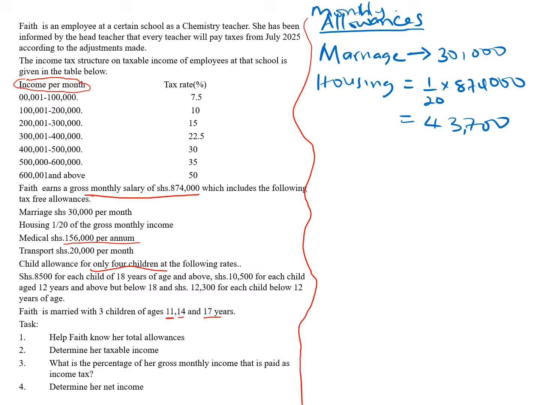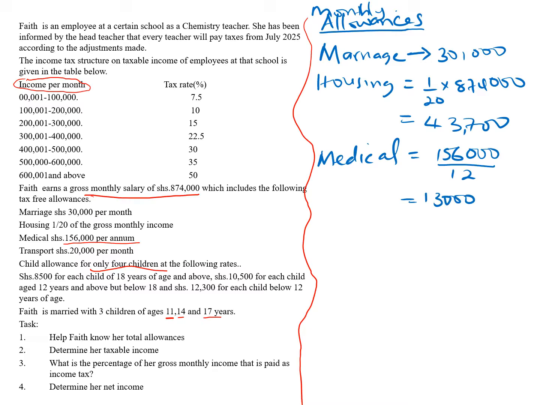Then also here I have medical, but remember medical is per annum, so I'll get my 15,666 divided by 12, and then here we shall have our answer as 13,000.